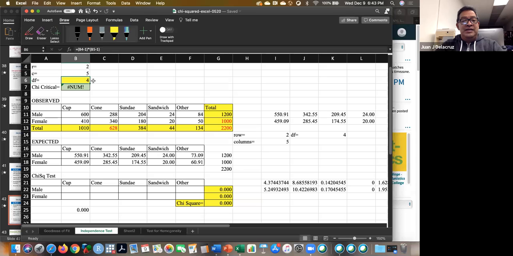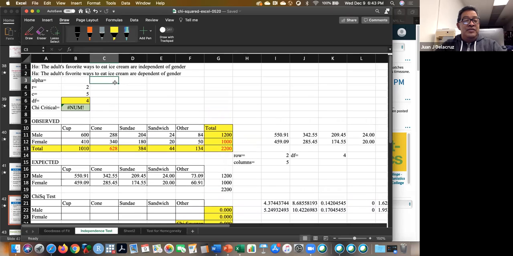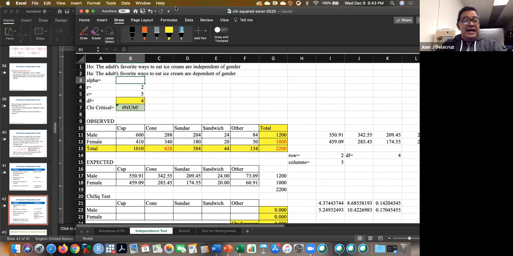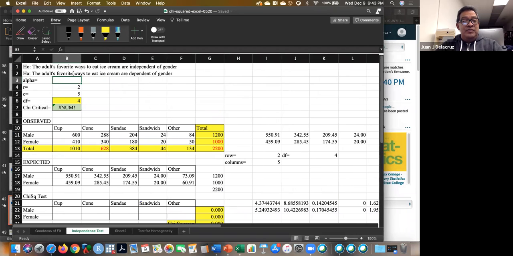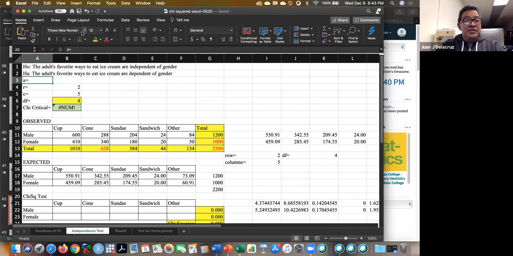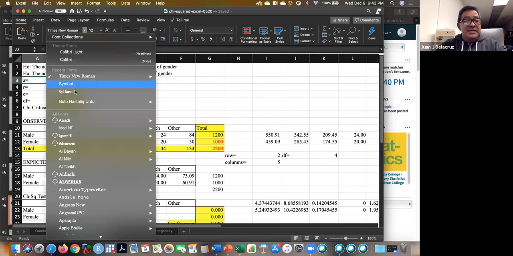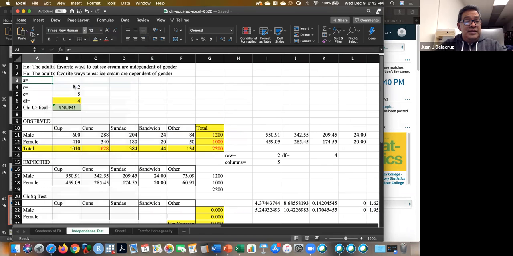This is the formula. And in order to find the critical value, we need to know the alpha value. Let me put the symbol. I'm being very lazy lately. I need to be more organized with this. So we have the alpha, we need to know the alpha for this case, and we find the critical value. Then we have the chi-square test statistic, and then we are going to be able to make the call.